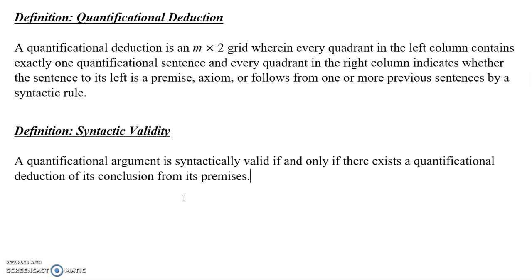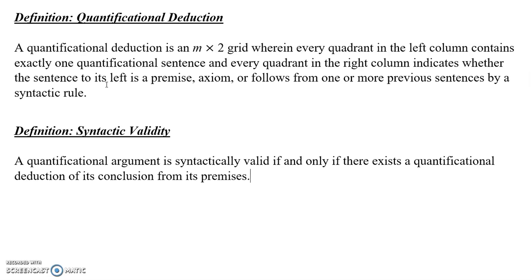So, first thing we want to do here is go over an official definition of a quantificational deduction. This definition is just like the definition of a propositional deduction from Chapter 3. The only real difference is that we're now working with sentences with quantifiers as opposed to sentences that are propositions as they were rigorously defined in Chapter 1.